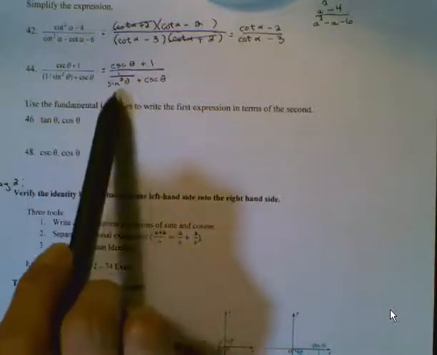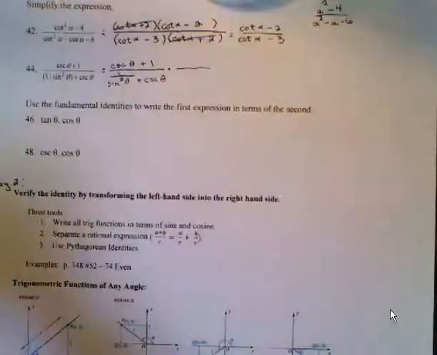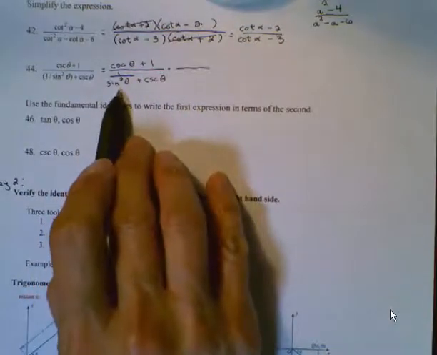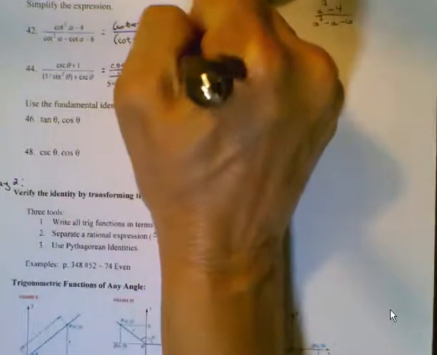How do we simplify complex fractions? We multiply both the numerator and the denominator by the LCD of the baby fractions. The LCD of the baby fractions is sine squared theta.